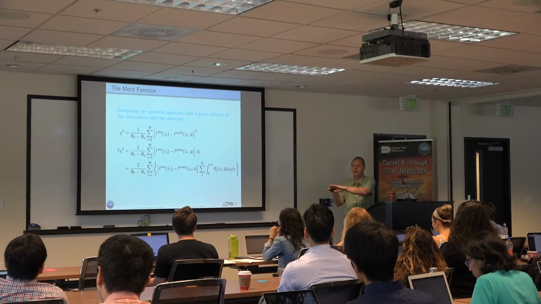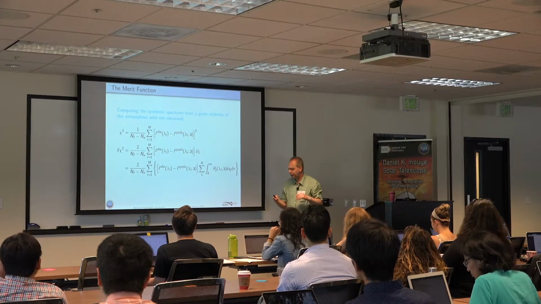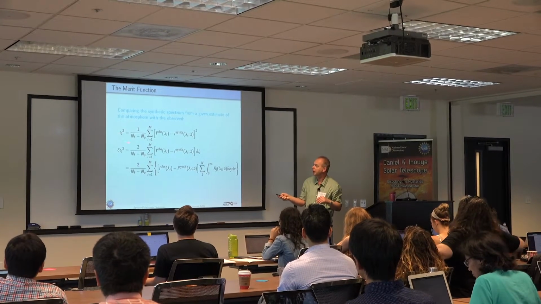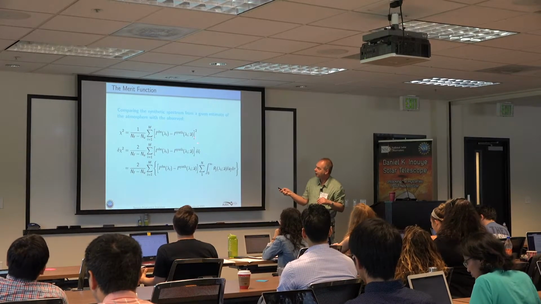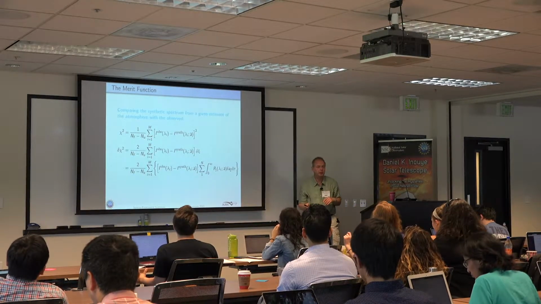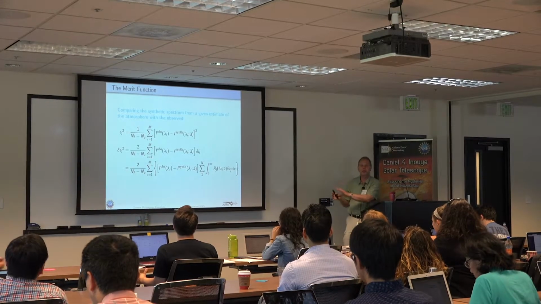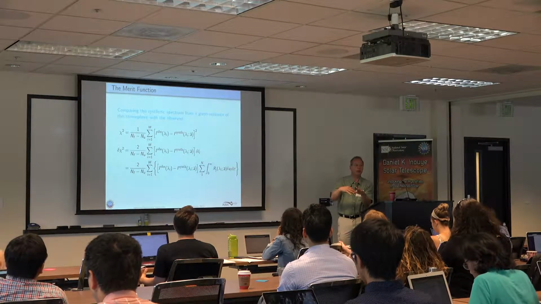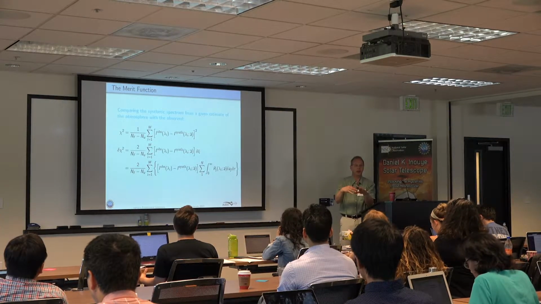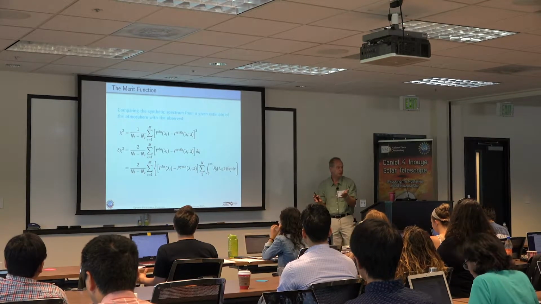You can imagine that there are procedures where you try to minimize chi-squared, so you try to minimize the derivative of chi-squared with respect to all the atmospheric parameters. And you can see that involves a derivative of the chi-squared. The derivative points you in the right direction of where to move your solution to get to the best solution that you can find.